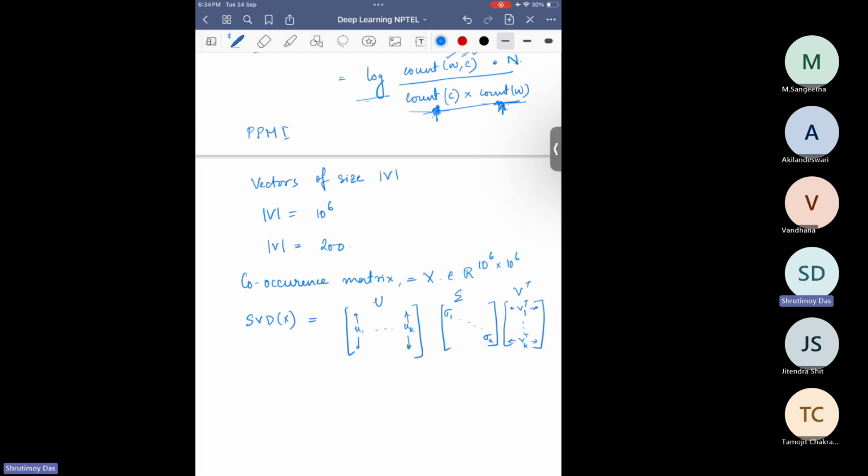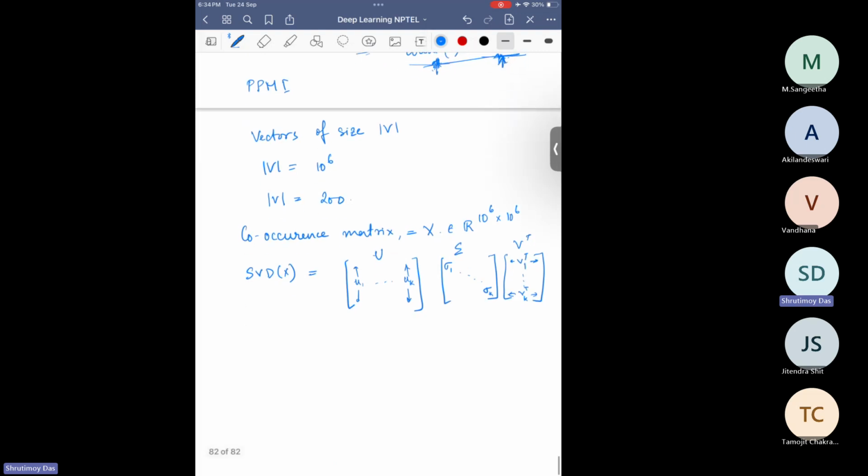Now there is a thing in SVD. Suppose you have k non-zero singular values. Singular values are always positive or zero. So we say that the rank of the matrix is k.